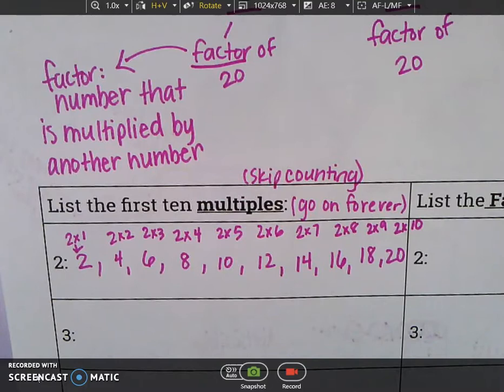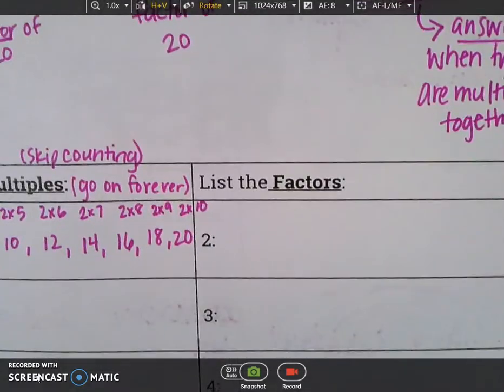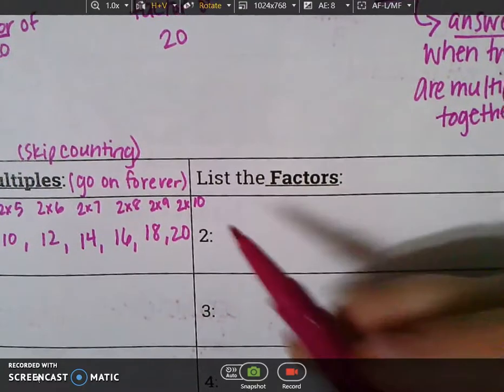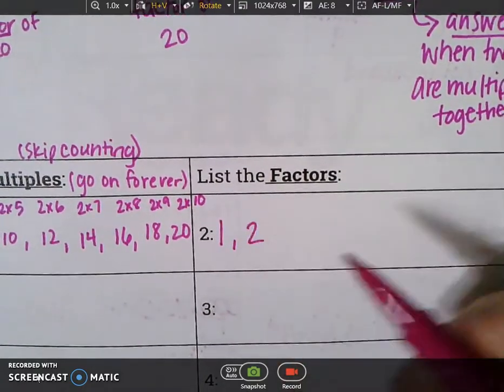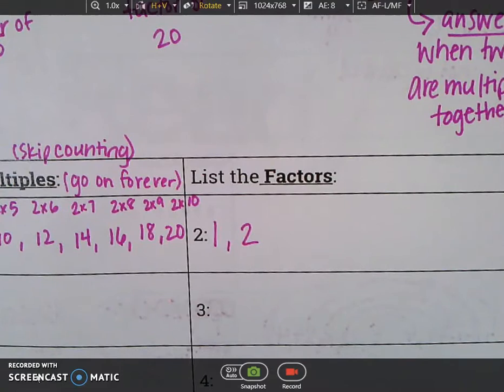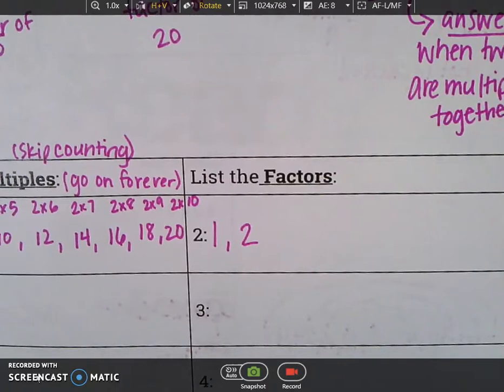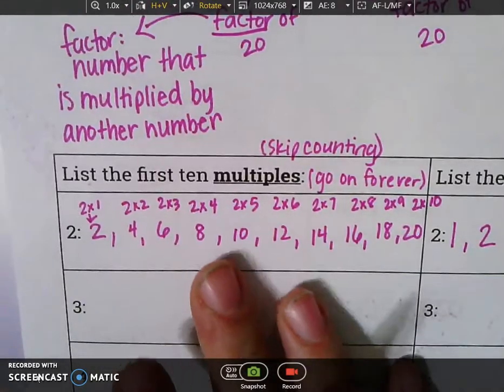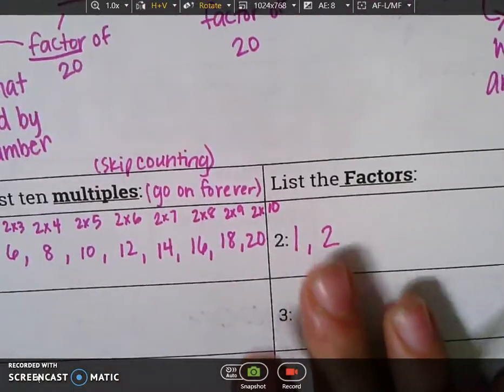Multiples can go on forever, whereas with factors, I'm thinking what gets multiplied together to equal 2? The only thing I can multiply together to equal 2 would be 1 times 2. So factors are cut and dry. There's only one correct answer, and it can't go on forever. It has to stop right there. So these would be the multiples of 2 and then the factors of 2.